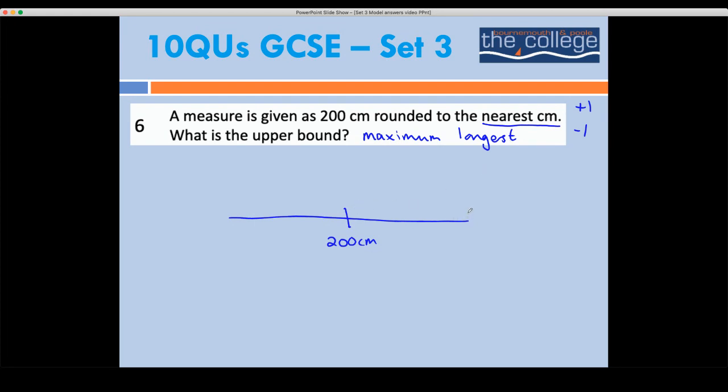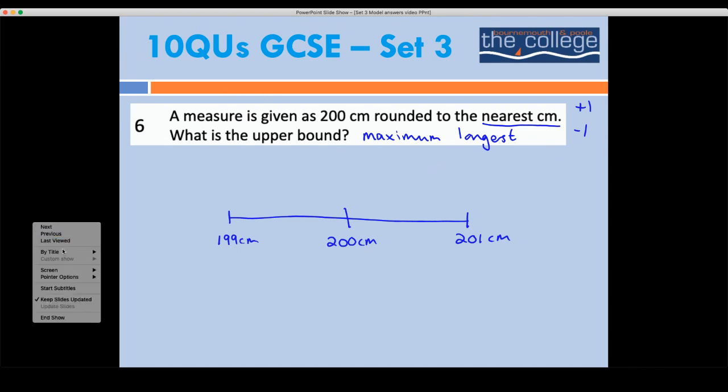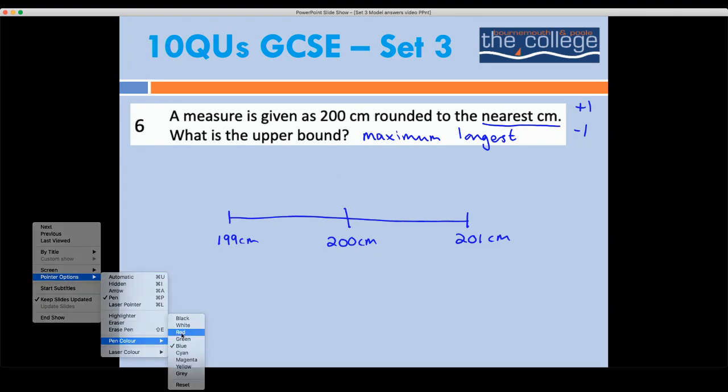So I'm going to add that 1 on and get 201 centimetres. And just for the purposes of making this a fuller question, 199 centimetres is me going down 1 over here. So nearest centimetre, up 1, down 1. Now, the bit we actually want is the number right in the middle.